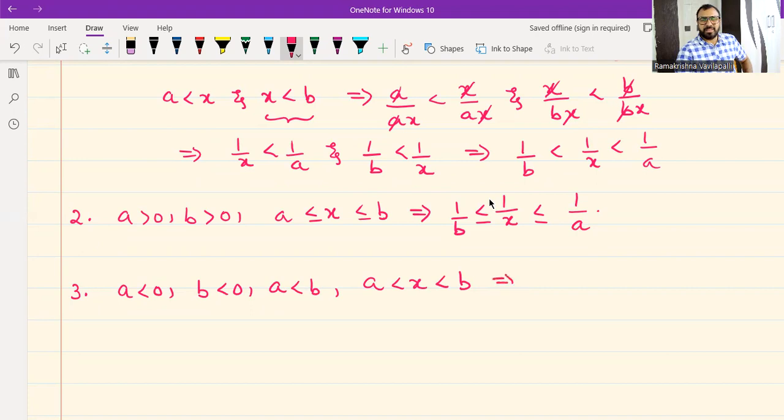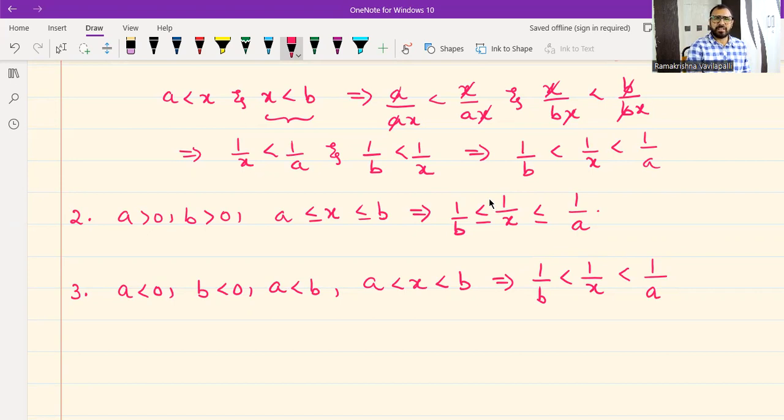So this implies 1 by X lies between, same as the previous one, 1 by B, the left hand one, and 1 by A, the right hand one, the upper value. So this is the lower value, this is the upper value. Proceed as in the first case.